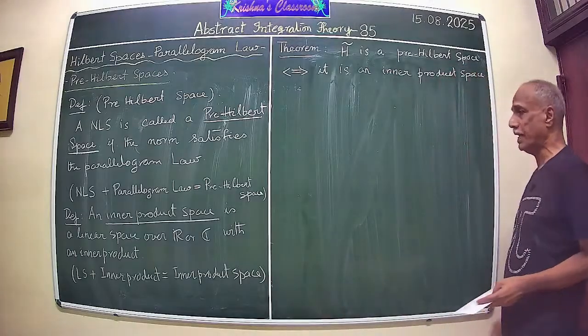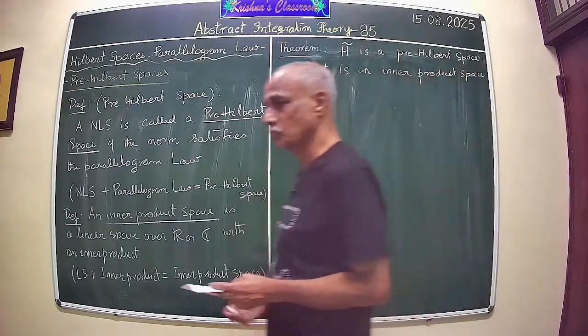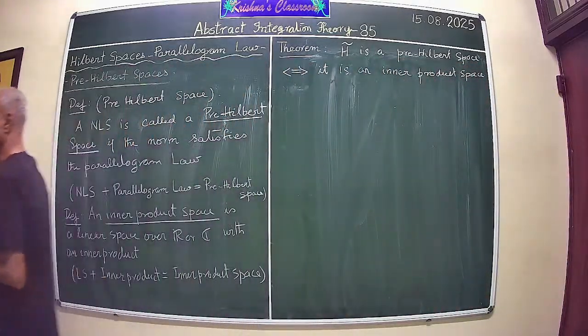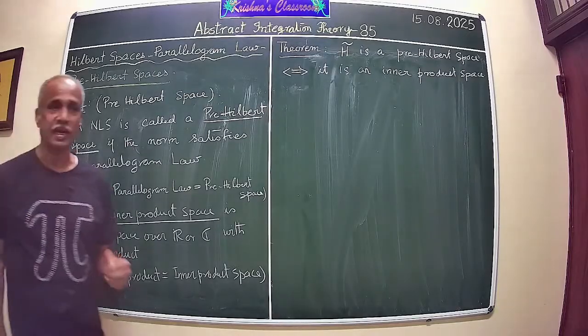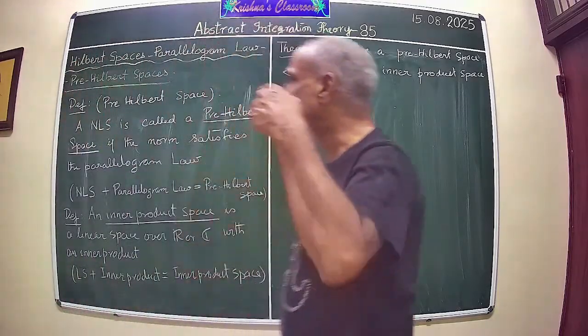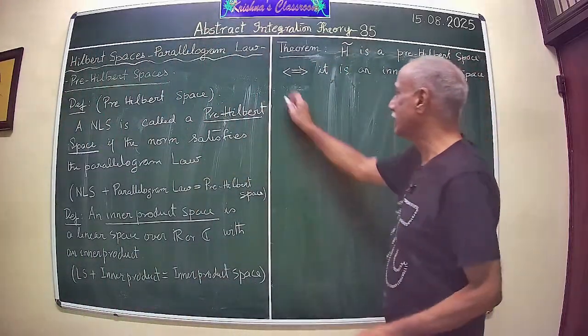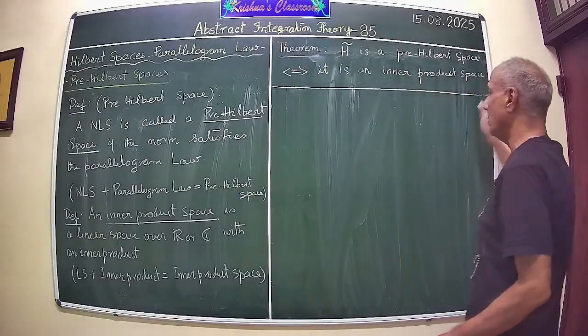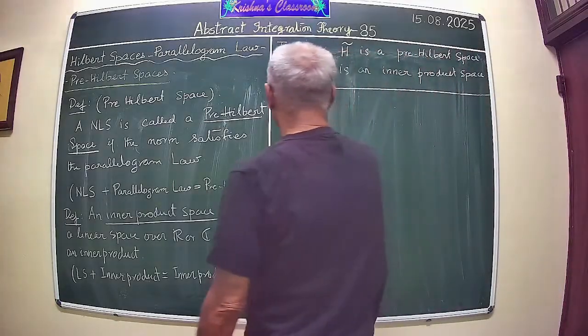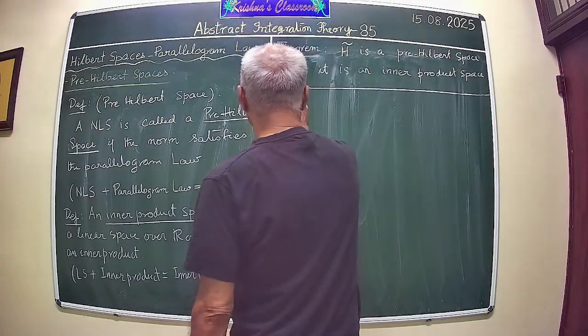So they are one and the same. Okay, every inner product space is a pre-Hilbert space, and every pre-Hilbert space is an inner product space. Now you see, we have already shown that through some remarks. I am not going to give a proof.